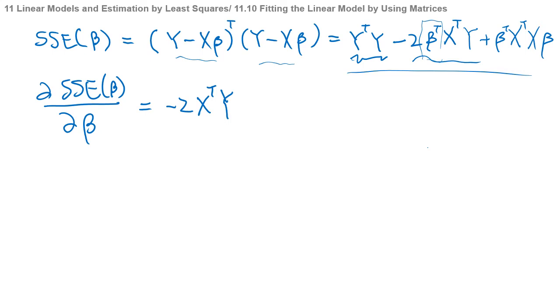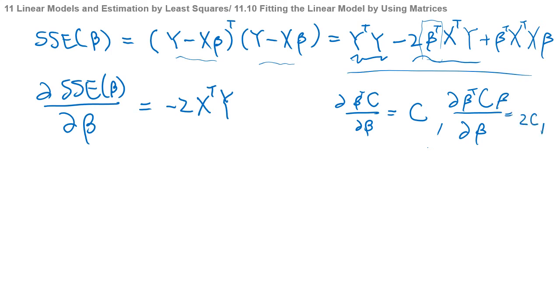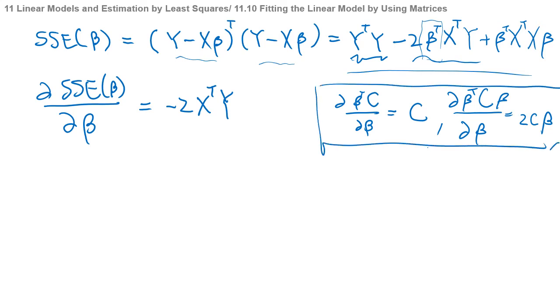So if you have beta transpose C, if you differentiate with respect to beta, then the result is C. And also, if you differentiate beta transpose C beta, then the result is 2 times C beta. So let's assume that you know this vector differentiation.